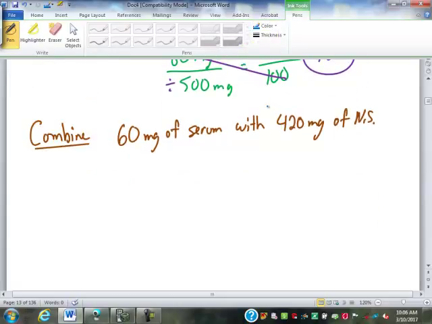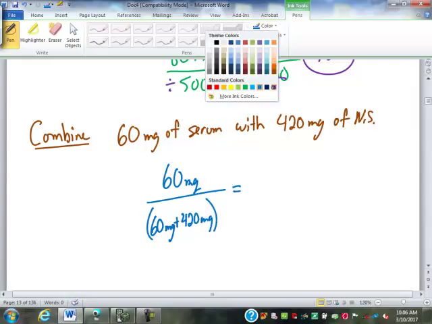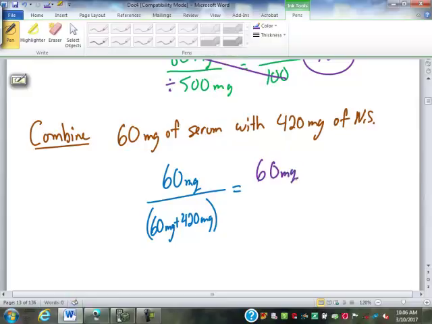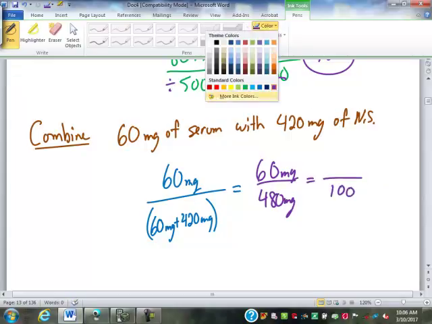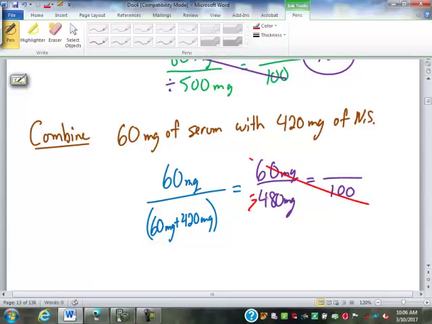Well, because this is weight in weight, we can do 60 milligrams as our medication and 60 plus 420 is our total weight. So that, of course, is going to be 60 over 480. To make that a percent, of course, it's blank over 100. Cross multiply and divide. That's 12.5 out of 100. 12.5% solution.